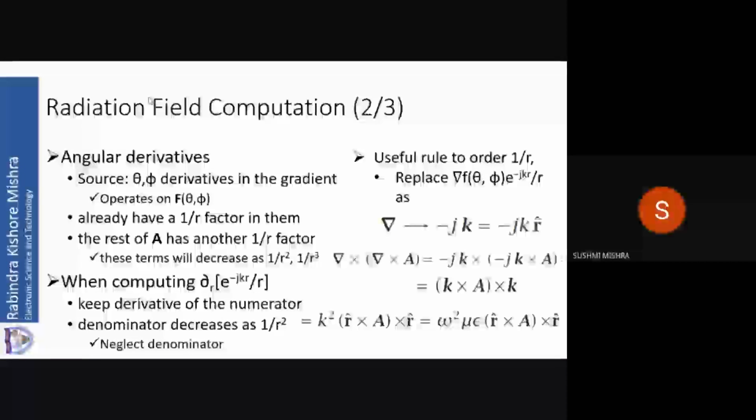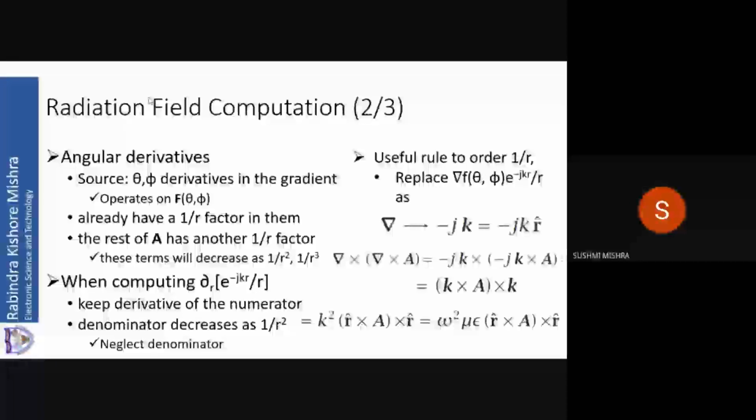Remember this. Now what is k? k is equal to r cap into k. So if I put that, I will get k square, because inside I have got a k r cap, outside I have got a k r cap. k is scalar, so multiplying that gives me k square into r cap cross A cross r cap.